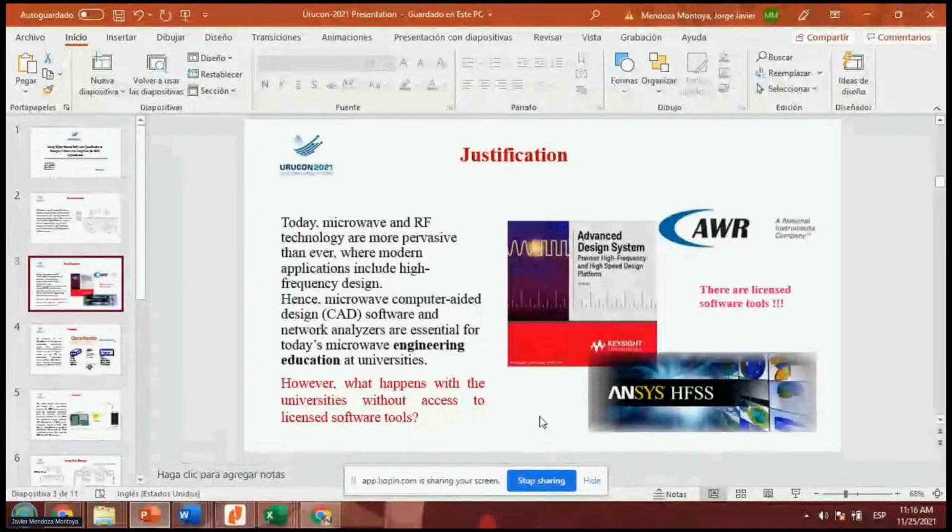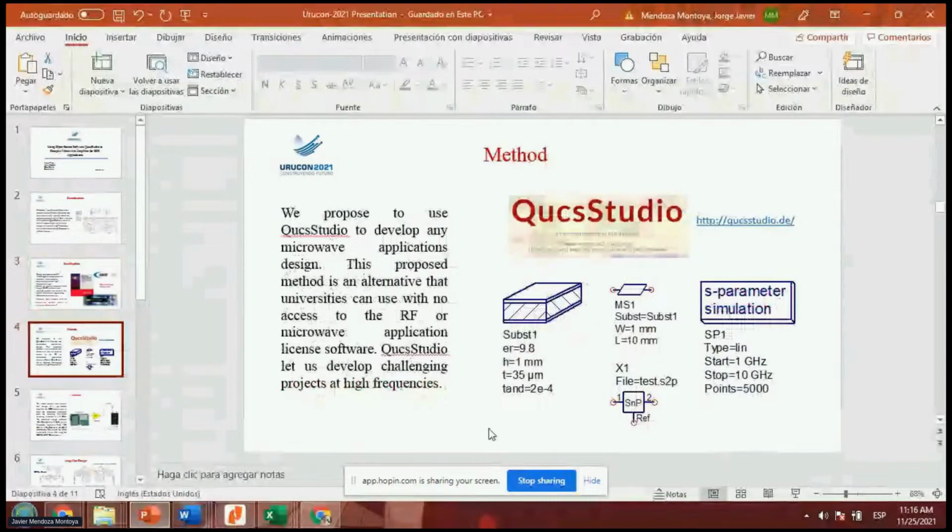We are proposing this software to make many projects in microwave applications. This proposed method is an alternative that universities can use with no access to RF or microwave application licensed software. QucsStudio lets us develop challenging projects at high frequencies.